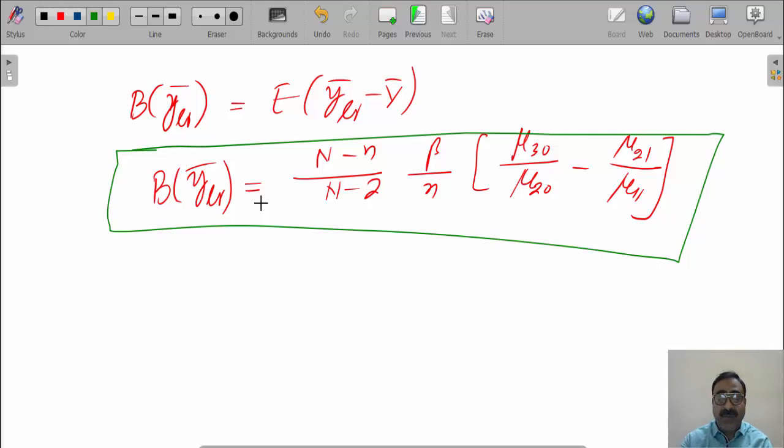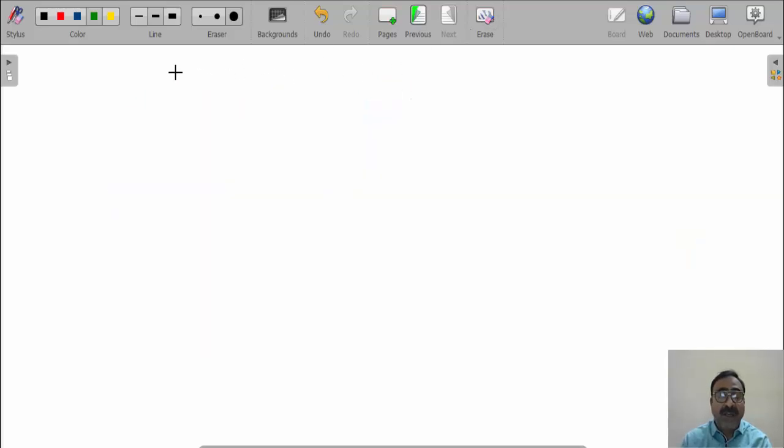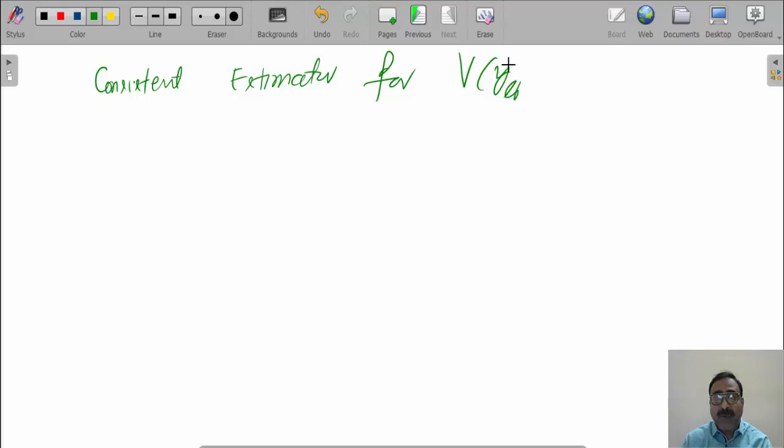Now we have obtained the bias and variance of the linear regression estimator. Now we have to find a consistent estimator for the variance of YLR bar.